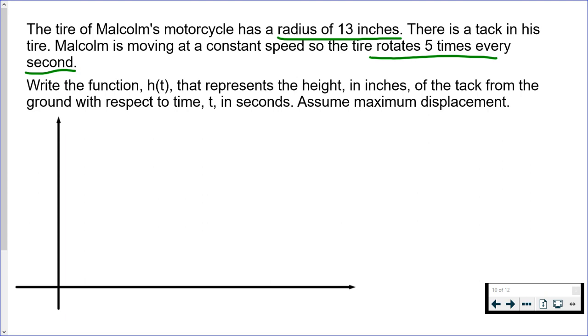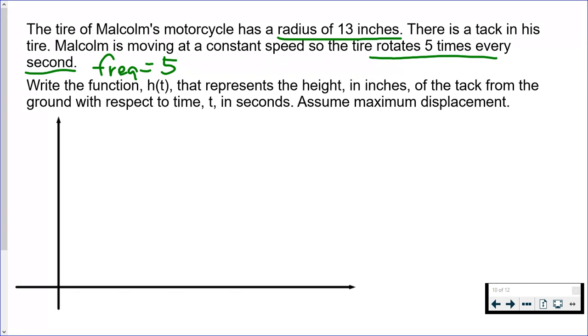The tire rotates 5 times every second would be the frequency. The definition of frequency is how many times the periodic function cycles through the pattern in 1 unit of time. So 5 times per second would be the frequency.